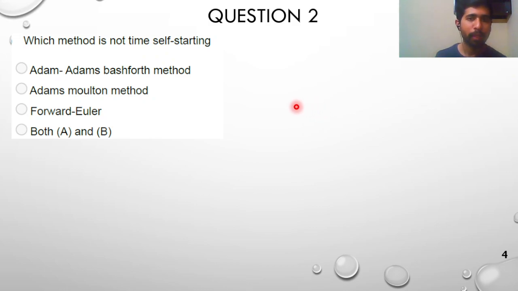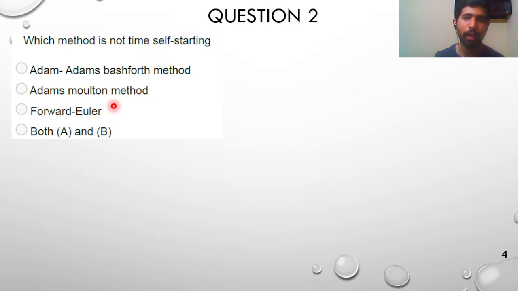As I discussed in the previous slide, Adams Bashforth and Adams Moulton methods are both multi-point methods, whereas forward Euler is a single point method. A multi-point method will require a solution at two different time instants to start with, so it is not time self-starting.